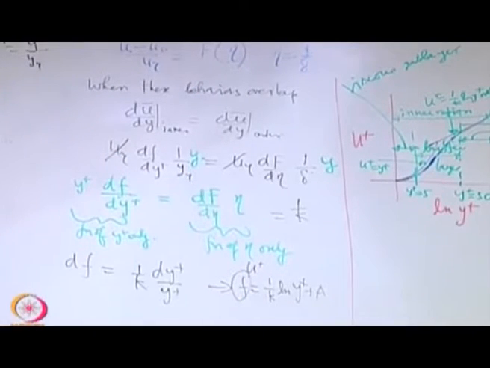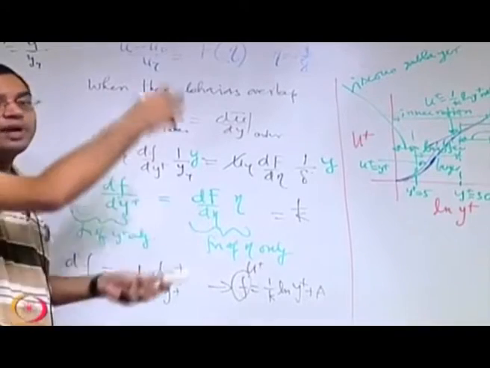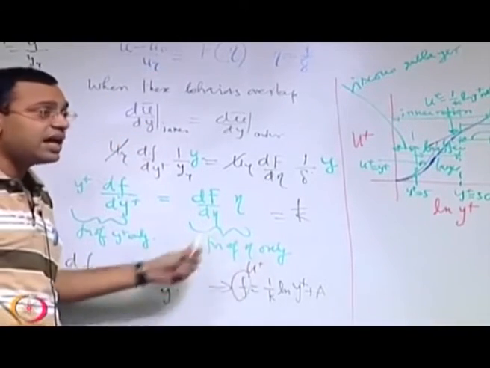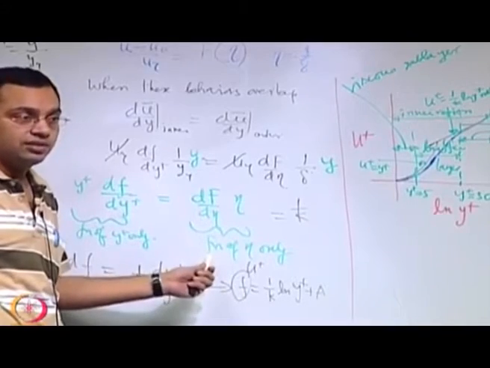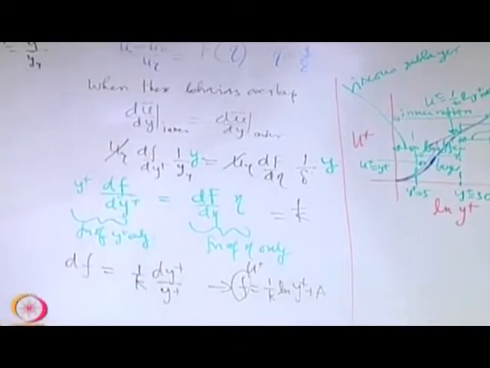Similarly the outer law form also you can get. So just by dimensional arguments it is possible to get the form, and it is a more general way of doing it than Prandtl's mixing length, because this does not assume any form of the mixing length. This just assumes the dimensional dependencies of the velocities in the inner and the outer regions.